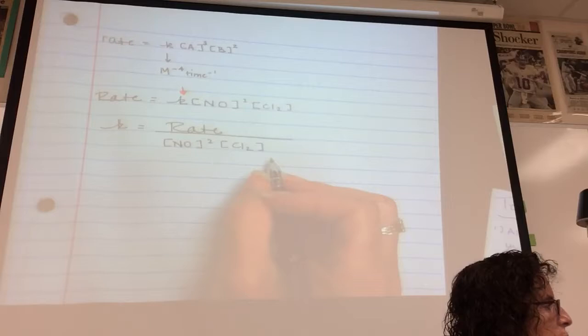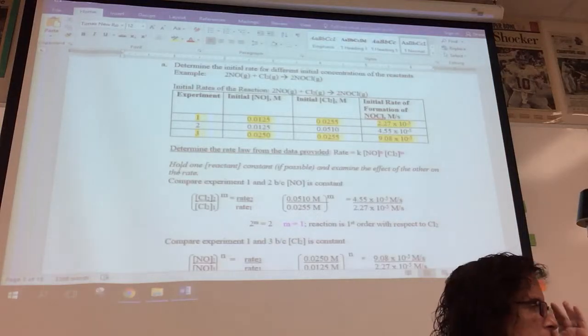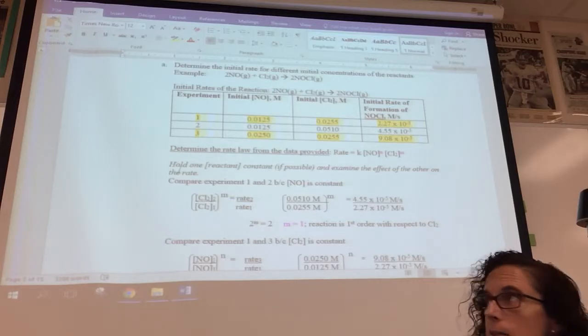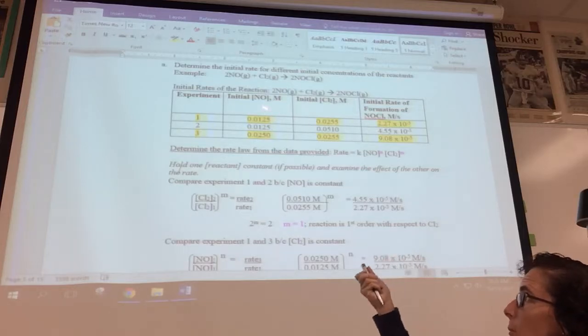And now I can just go back to my data table and pick any line I want unless they specify a particular experiment. If they don't, I typically just look at experiment 1 because I have the least chance of eye flippage.